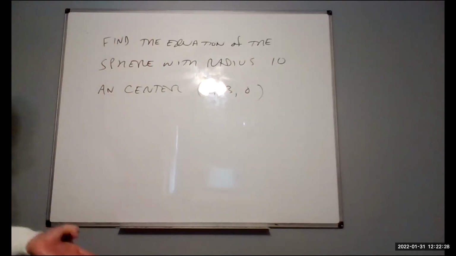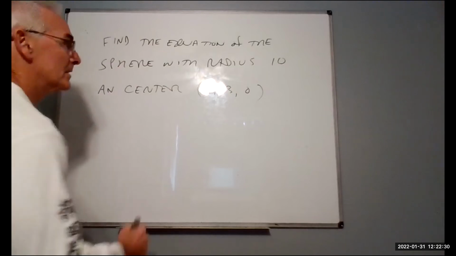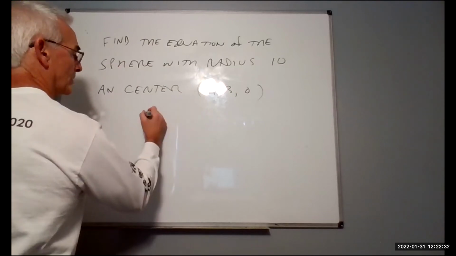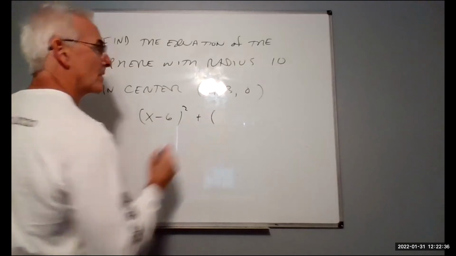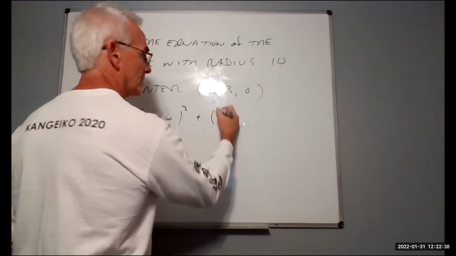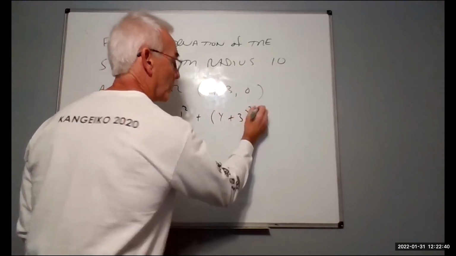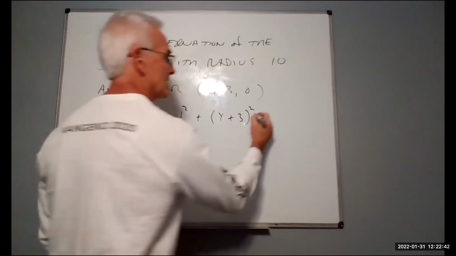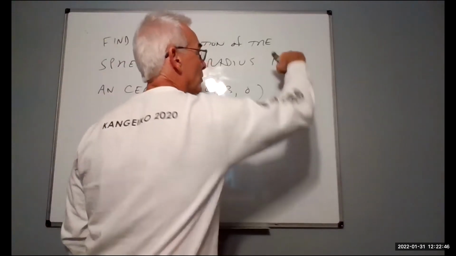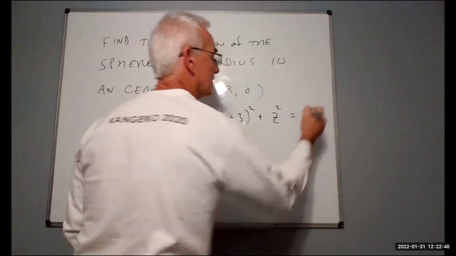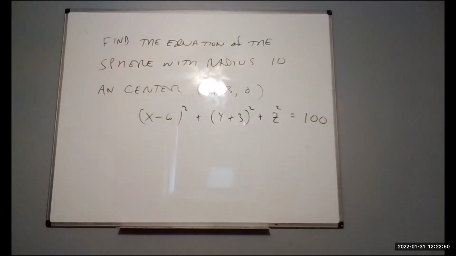Based on what we just did, this should be pretty easy. X minus the x coordinate squared plus y minus the y coordinate, so that'd be y plus 3 quantity squared, plus z minus the z coordinate squared equals the radius squared. That's it. It's actually that simple.